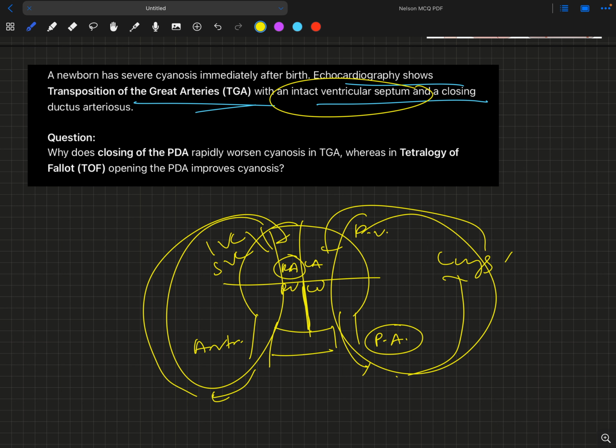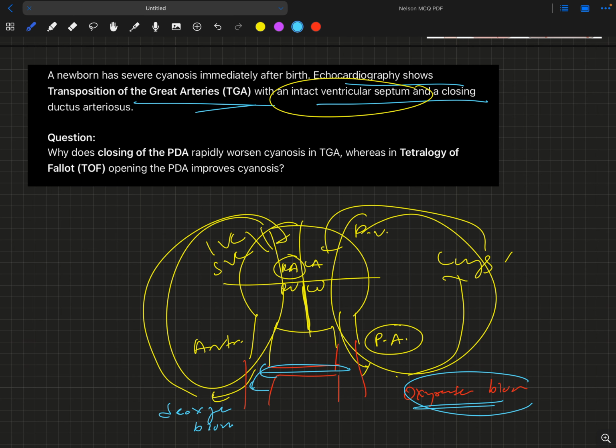If we have a patent ductus arteriosus here, the ductus arteriosus connects the pulmonary artery with the aorta. If the ductus arteriosus is present, on this side we have oxygenated blood and the body is receiving deoxygenated blood, there will be mixing of blood. Some amount of oxygenated blood from the left side will go to the right side.